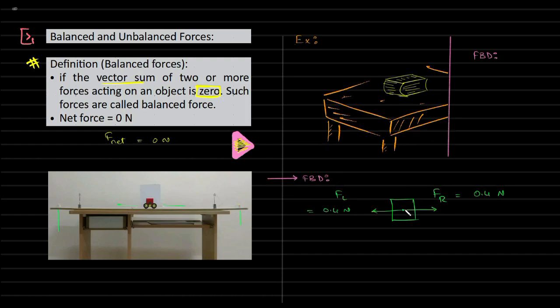And this scenario is a balanced force scenario. Of course, there are two more forces, one being gravity and one being the normal force. That is something that I'm not talking about, but to be frank, there are two more forces: gravity, and this is your normal force.